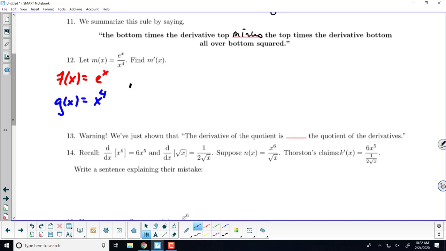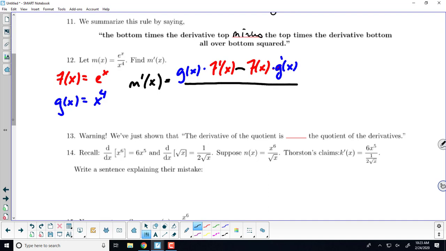So then our quotient rule says that m prime of x, the derivative of the quotient of these two functions, is the bottom function times the derivative of the top, f prime there, minus the top function times the derivative of the bottom function. Careful, don't forget that derivative mark on the bottom function. All over the bottom function squared.